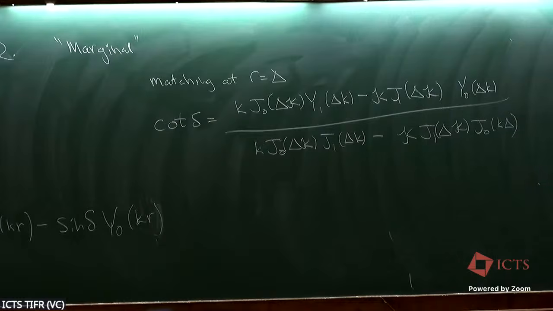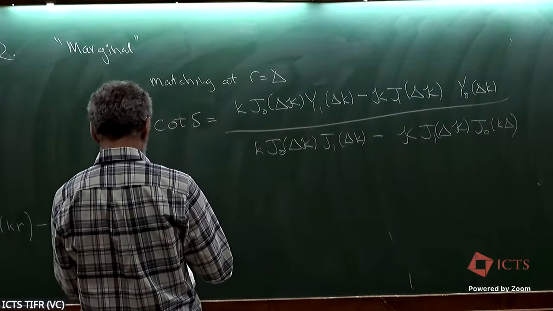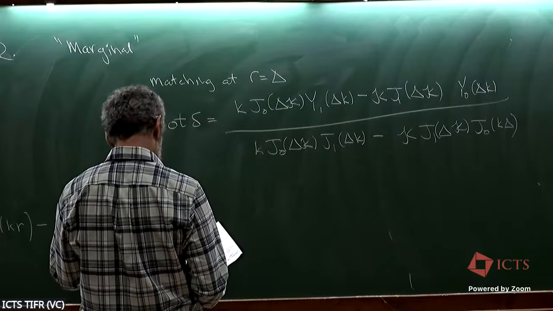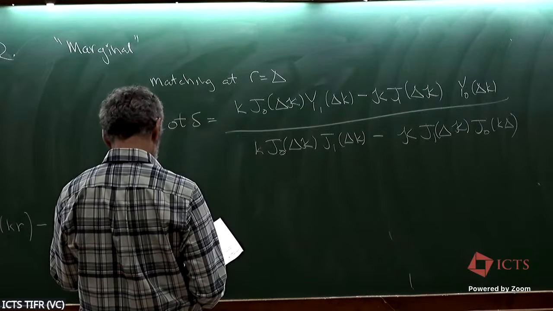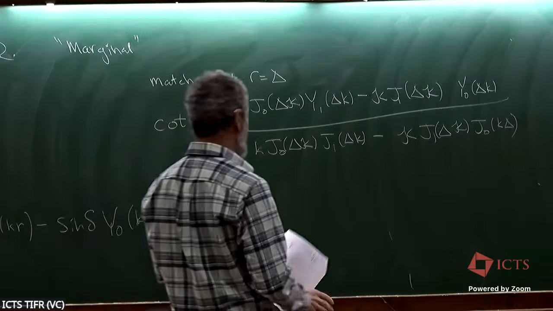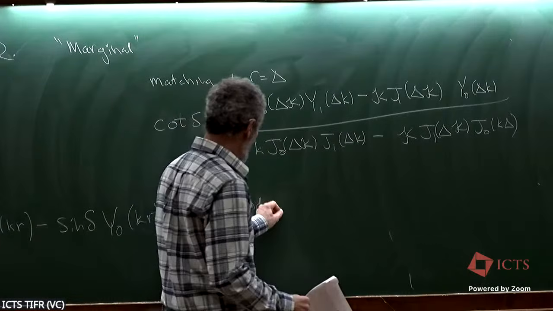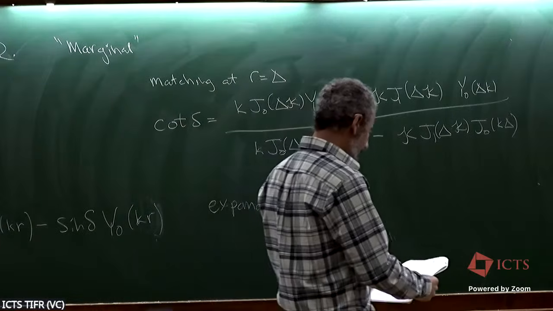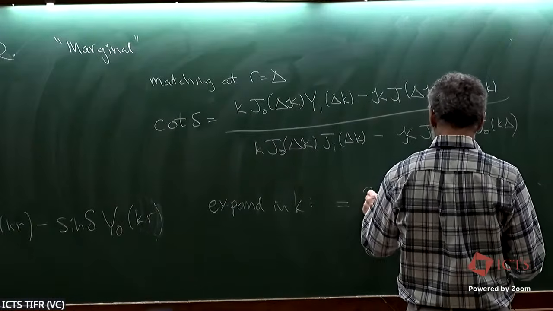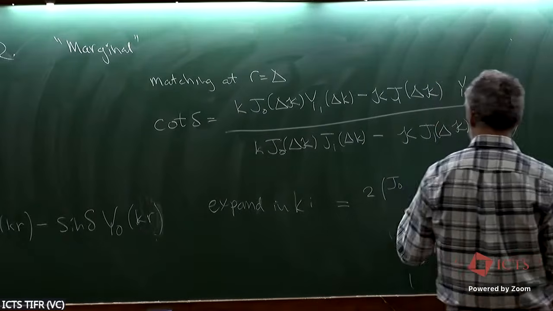Now, you can expand this in k. And what you get is that this is equal to twice of J0 of alpha.